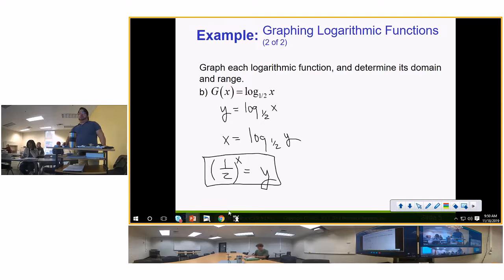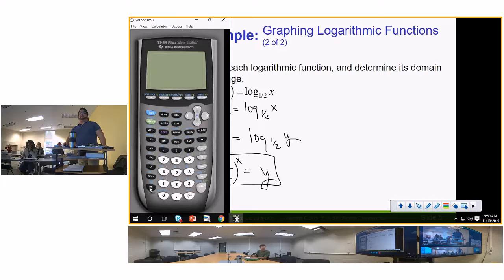All right, so I'm going to take my handy dandy calculator and let's graph. So I'm going to go y is equal to, let's do the inverse function. We'll do that in dotted line. That's going to be 1/2 to the x, so parentheses, 0.5 to the x power. All right, there's my inverse function.